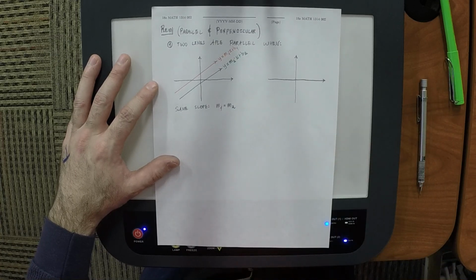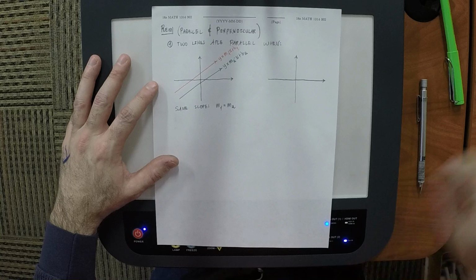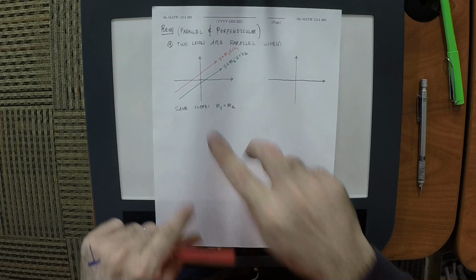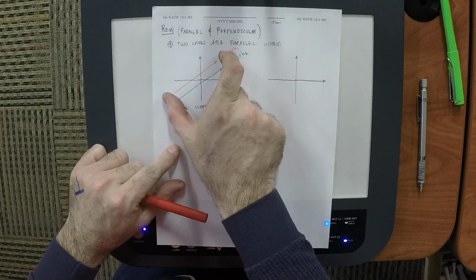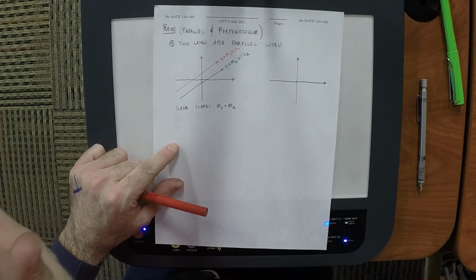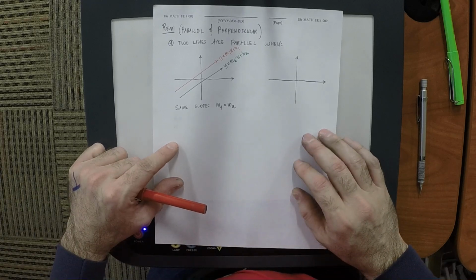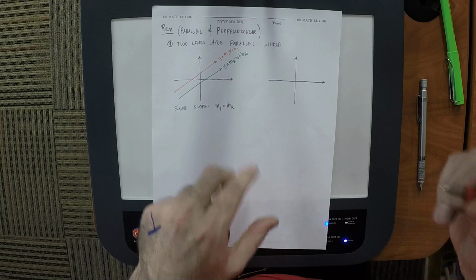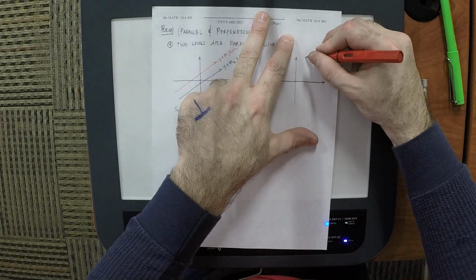So what's the last possibility? There's only one line. For example, I could take the green one and put it on the red one, and that would be the case you were speaking of. That one. If they're both vertical.